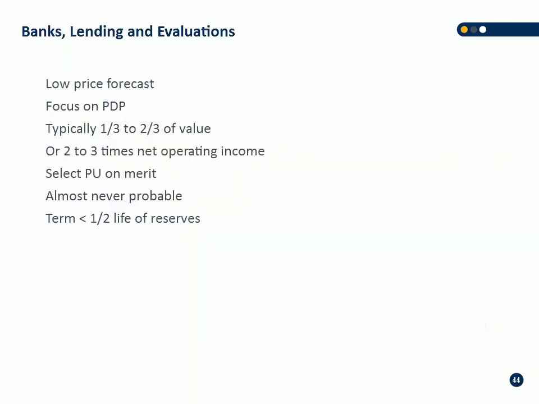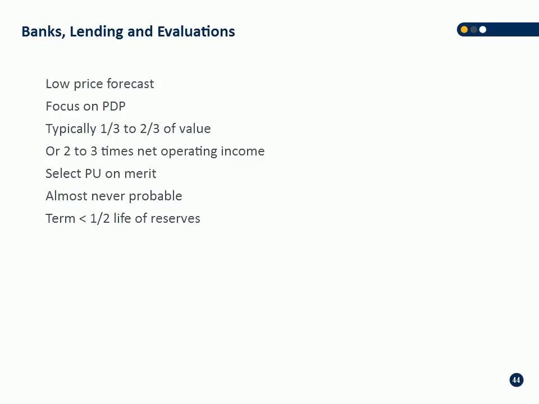Banks. So now we're moving away from everything that producers generally use evaluations for, to banks, lenders. Banks will generally focus on very conservative estimates of oil and gas because there's so much uncertainty in our industry, and the banks like to be very certain with where they lend and invest their money. They'll generally focus on PDP, and they'll apply a fraction of the PDP value to what they think is very certain.